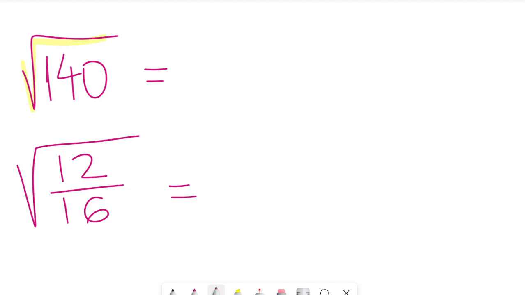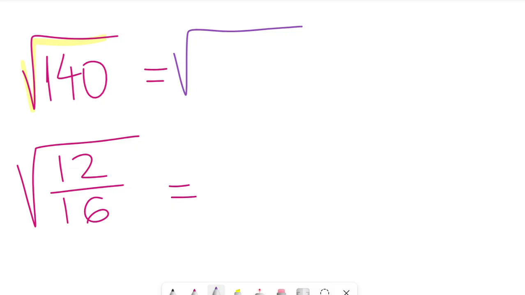All right, what do we do with 140? How can we write this? Let me think. 10 by 14, but I don't know square root of 10. I don't know square root of 14. Then we have 20 multiplied by 7, but we don't know square root of 20. We don't know square root of 7.